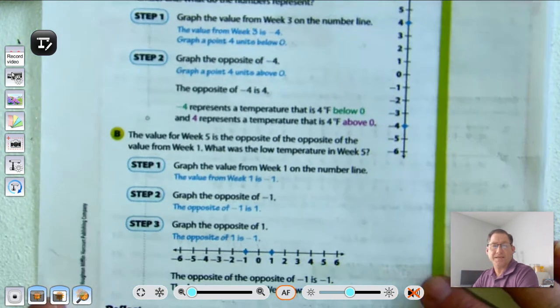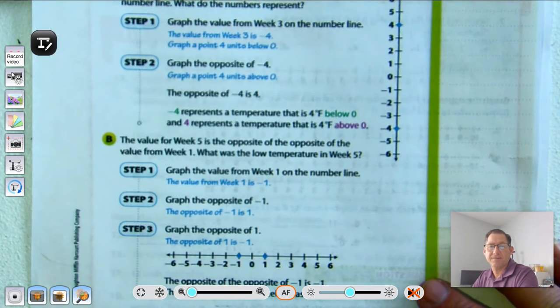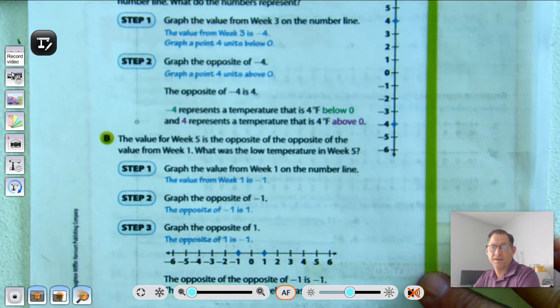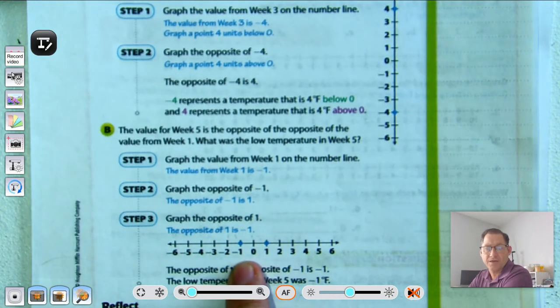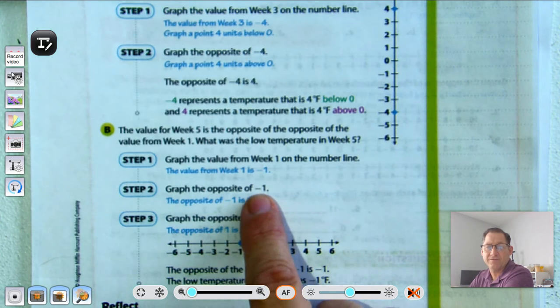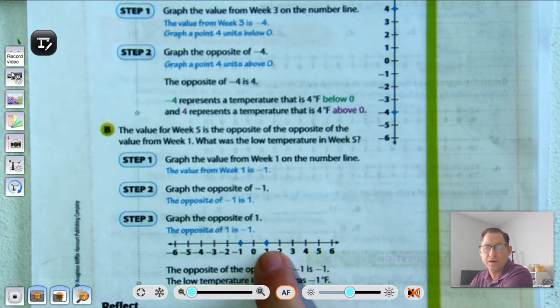So B, the value for week 5 is the opposite of the value from week 1. What was the low temperature in week 5? So graph the value from week 1 on the number line. The value from week 1 is negative 1. Okay, so we see negative 1 on the number line. And then it says graph the opposite of negative 1. Well, the opposite of negative 1 is 1.